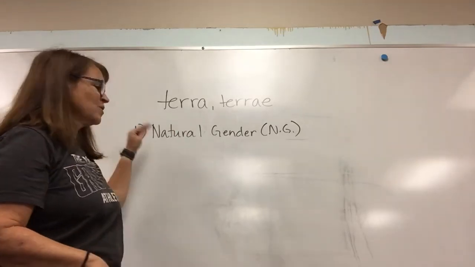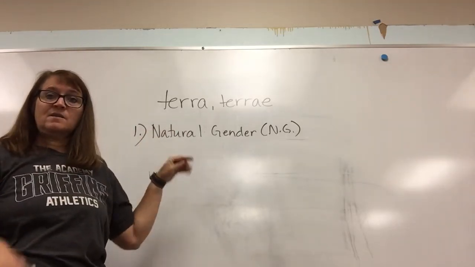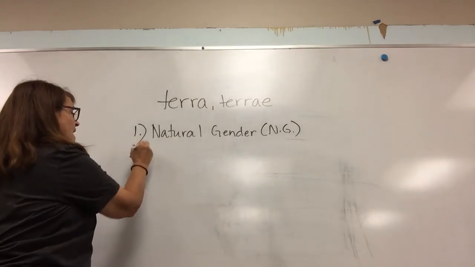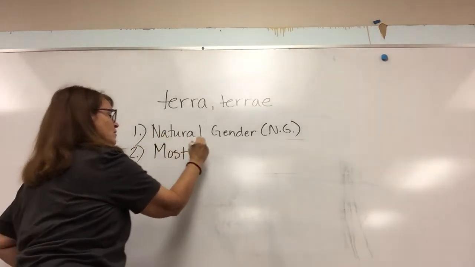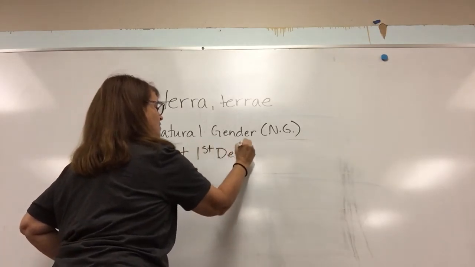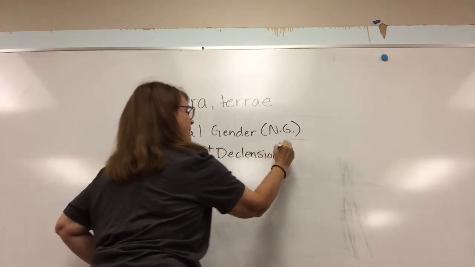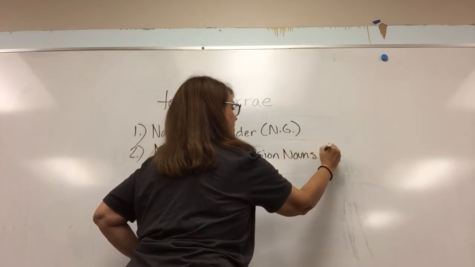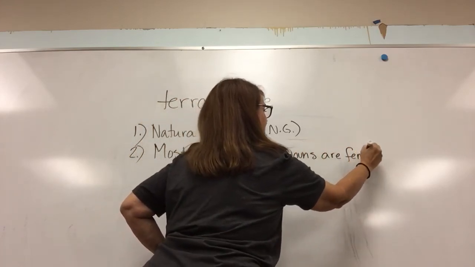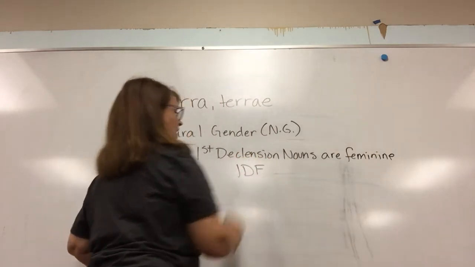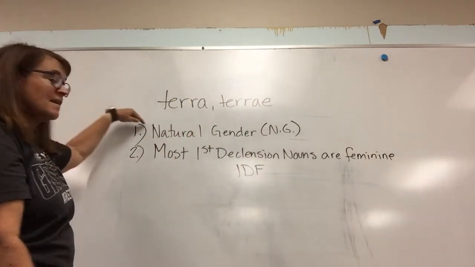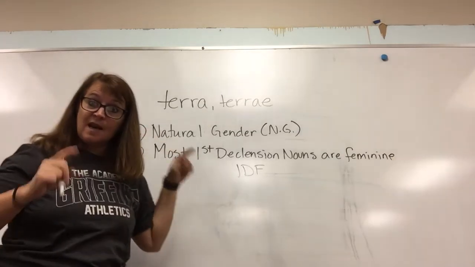That is the first rule we always apply to nouns. Now the second rule is that most first declension nouns are feminine. We can abbreviate that 1DF, unless natural gender comes into play.